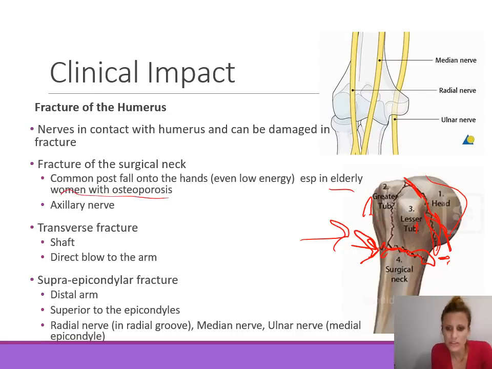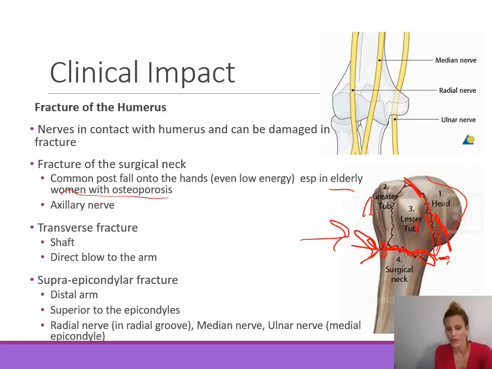The osteoporosis slowly eats away at the bone mass in the area, making it weak. And then this happens to be a weak point or a thin area of the bone where a lot of force is applied when there's a fall. So the surgical neck is commonly fractured when an elderly woman falls and tries to catch herself with her hands.